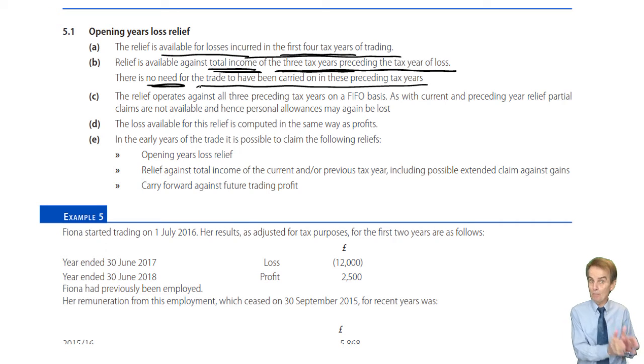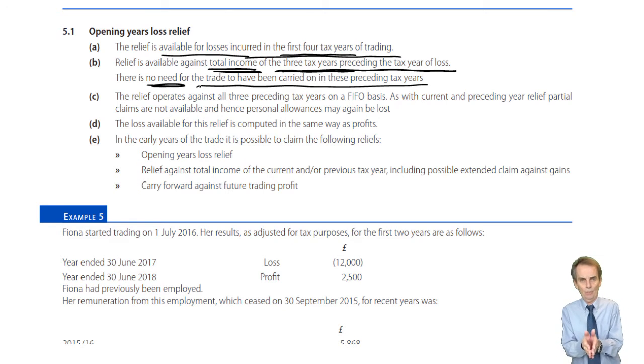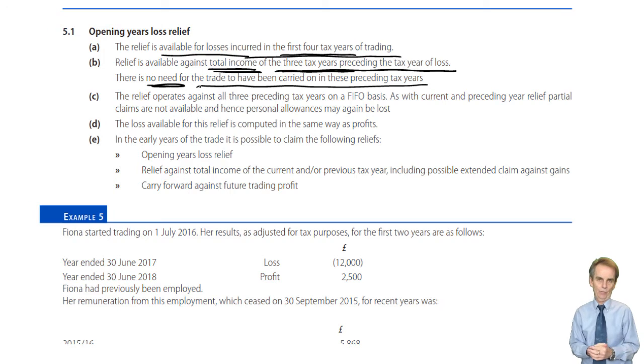If the loss is bigger than the total income, then any remaining loss will now move forward to 2 years ago. And likewise, go against total income. If we've got enough loss to eliminate all of that total income, we move forward to 1 year ago. So the loss is set off against the total income of the preceding 3 tax years of assessment, starting with the earliest year first.